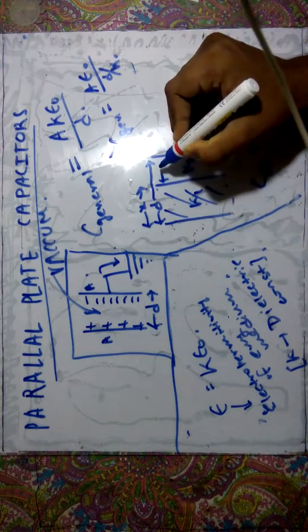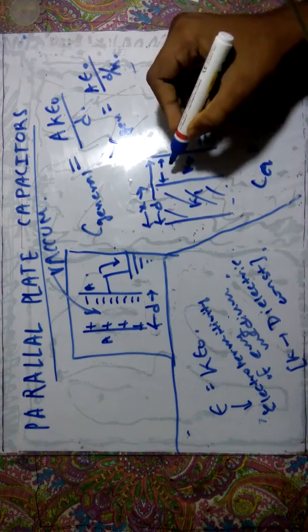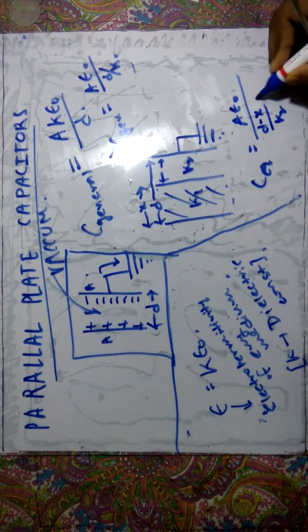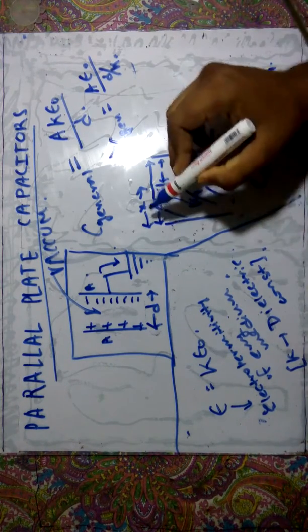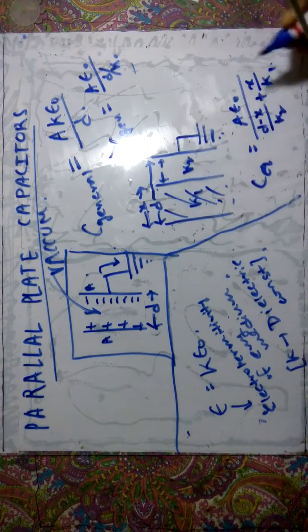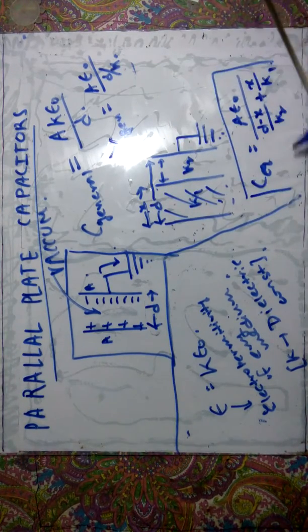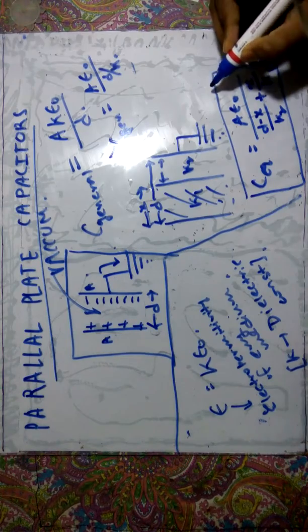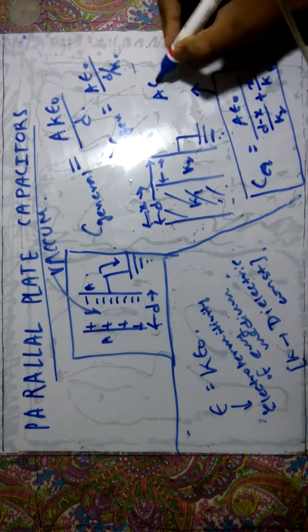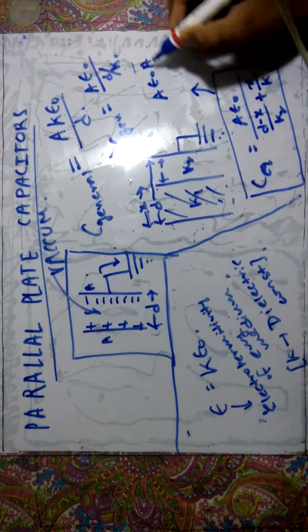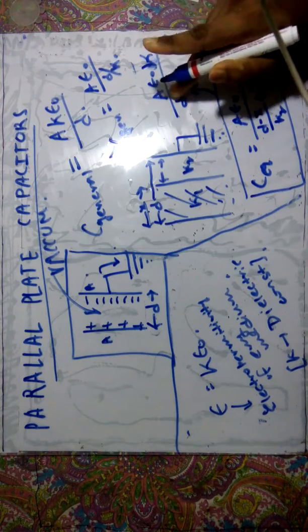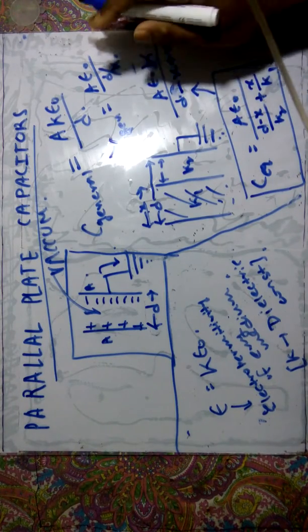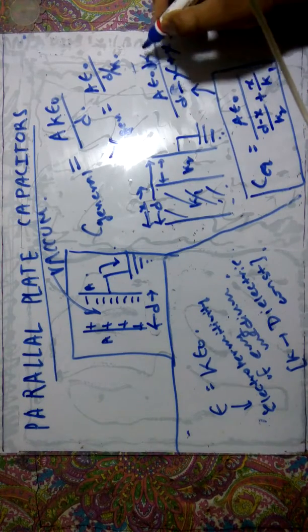D minus X is this region with K2, and the X region has K1. You can generalize with this formula, and if K1 and K2 are equal, it becomes A epsilon 0 K by D minus X plus X. So from this we get this formula.